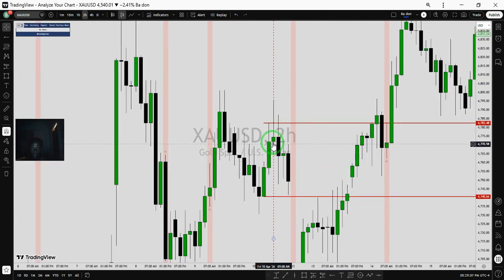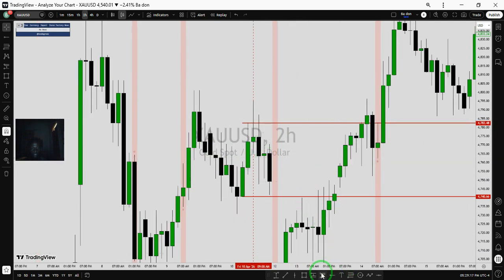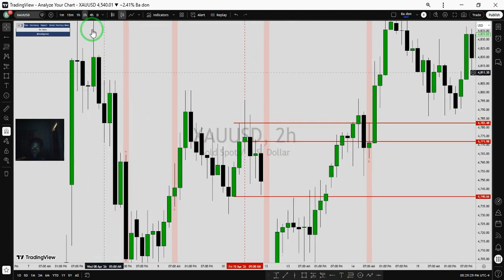And right here we see how when price swept that high, another candle opened up, went higher and displaced lower, creating a change in the state of delivery right here. You see how this bearish candle closed this entire range with a body that is valid on the 2-hour time frame. Now we'll go to the 15 minutes time frame.